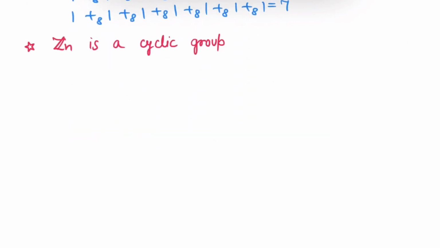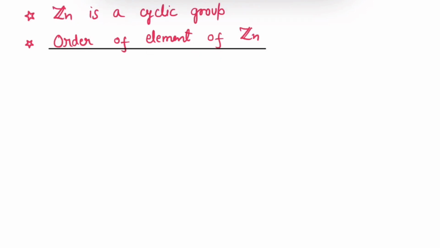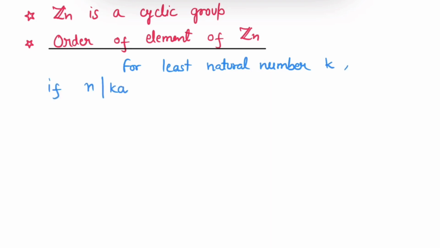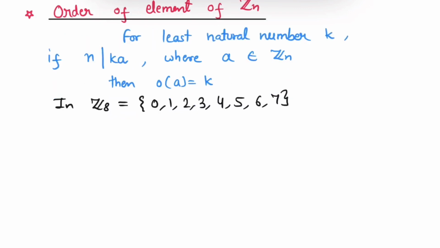Now let's learn how to find the order of an element of Zn. For the least natural number k, if n divides ka where a belongs to the Zn group, then the order of a is k. In the Z8 group, since 0 is the identity element, the order of 0 is 1.